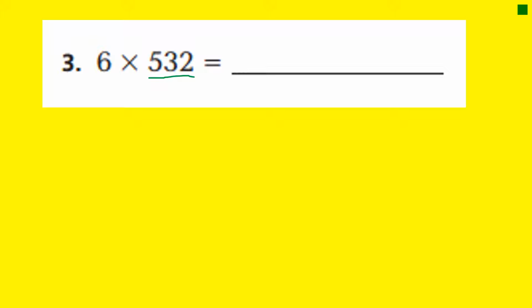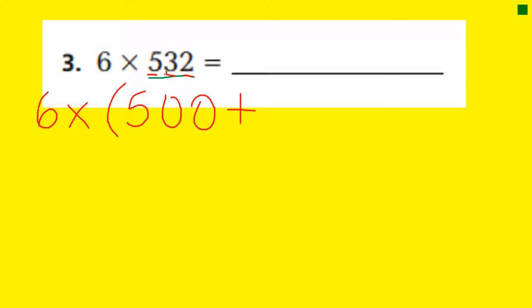The expanded form of a number is when you break it apart by place value, right? So we're going to break apart 532 by place value. Okay? So we have 6 times, of course, and the first thing we do is show the parts of 532 written in expanded form.